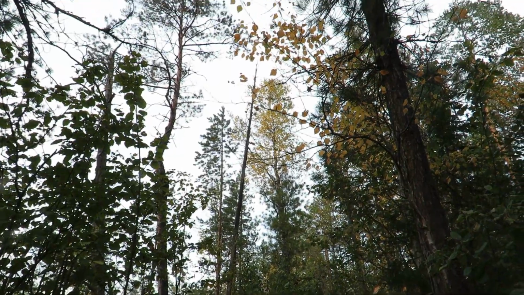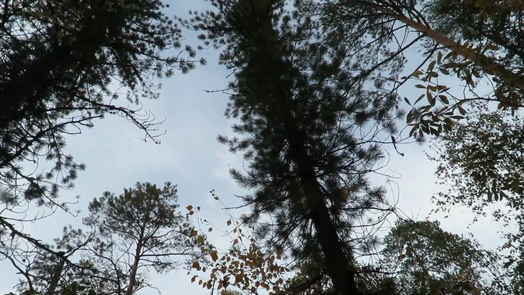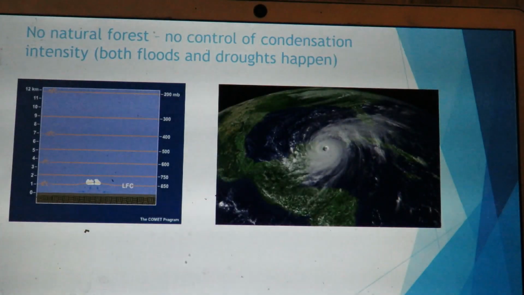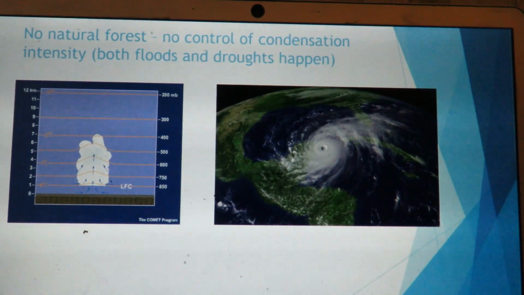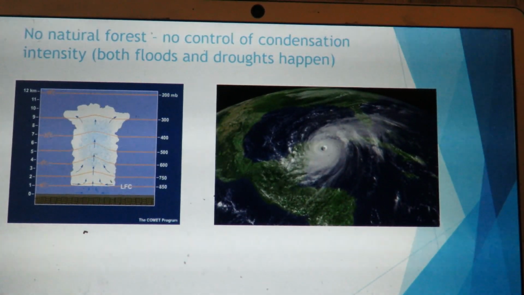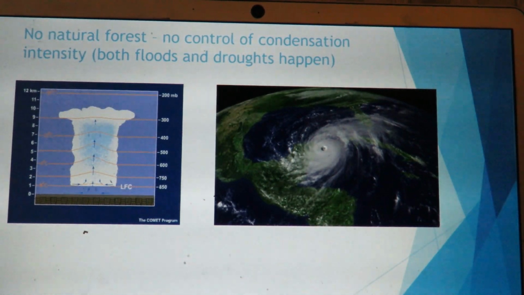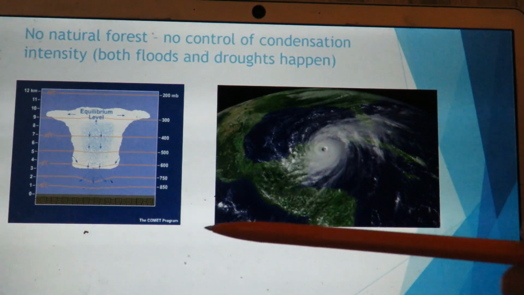And why it is so, I want to explain. Fluctuations of the water cycle occur in the absence of the forest cover because the condensation process depends on the vertical velocity of the ascending air.